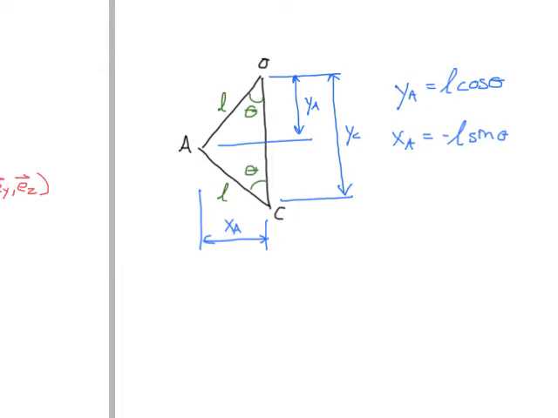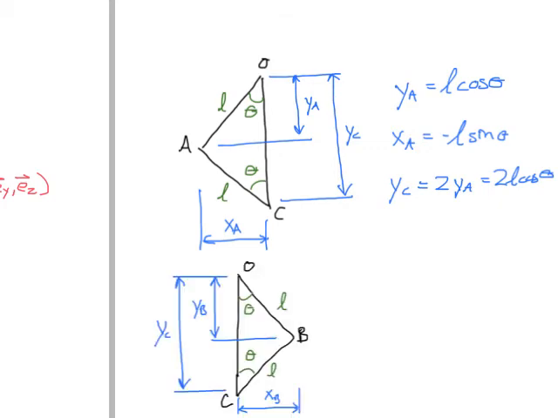And then we have the relationship in which YC, this larger dimension, is equal to 2 times YA, or 2L cosine theta, because we want to relate that to theta.